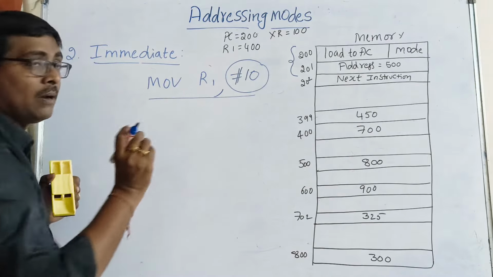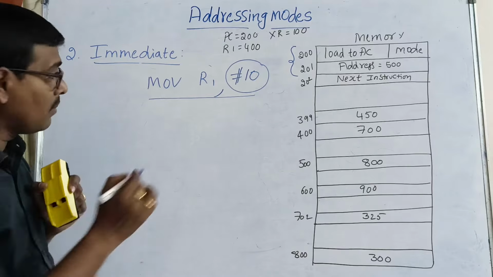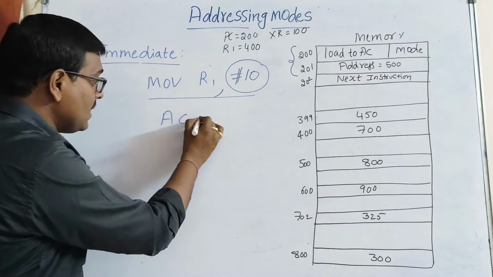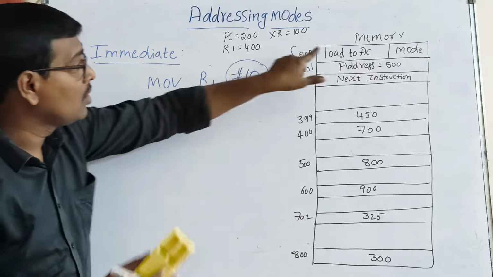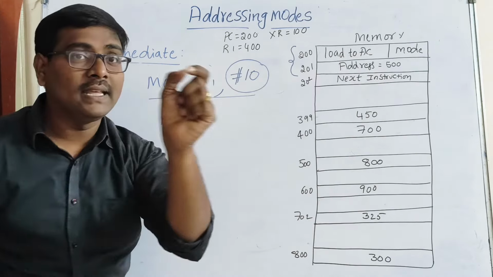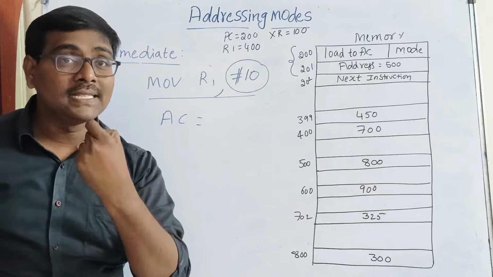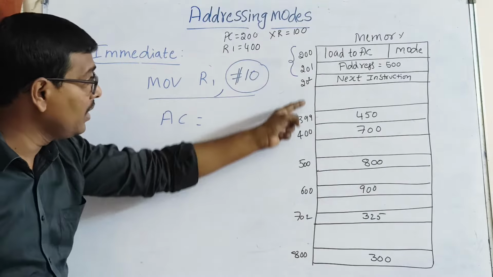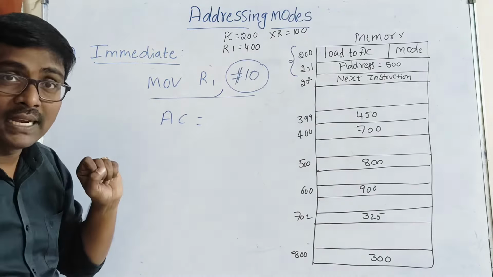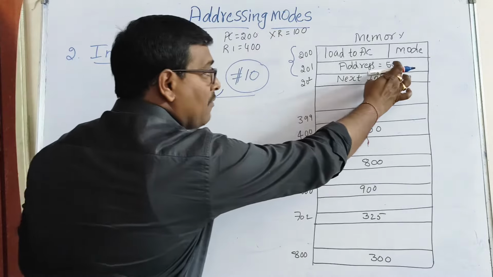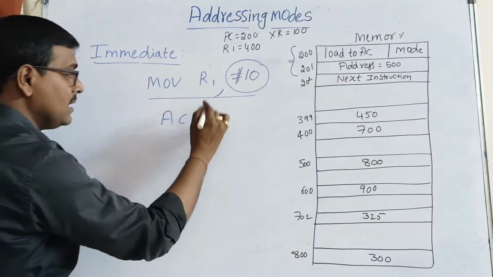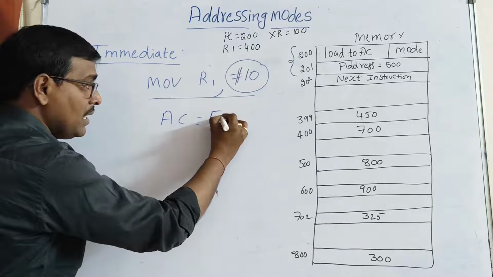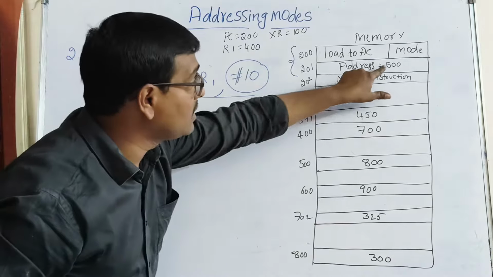According to this example, what is the AC value? Load to AC means AC contains the operand. Now, according to this example, what does AC contain? Whatever the value is in the instruction. So, simply observe, 500 is an address.